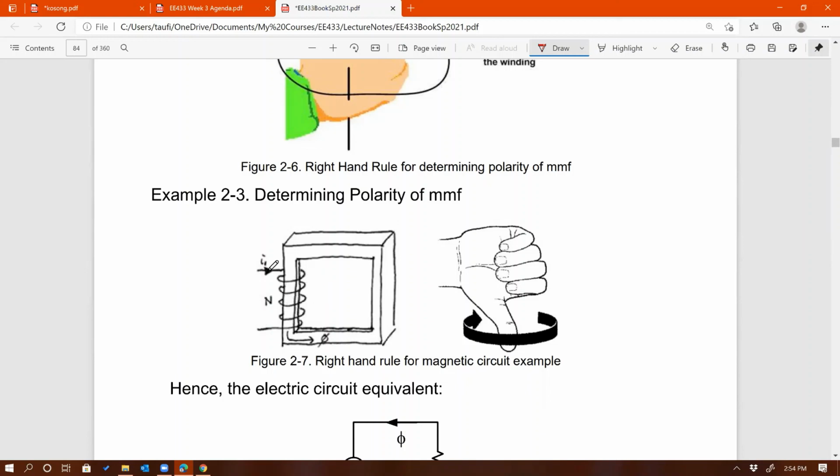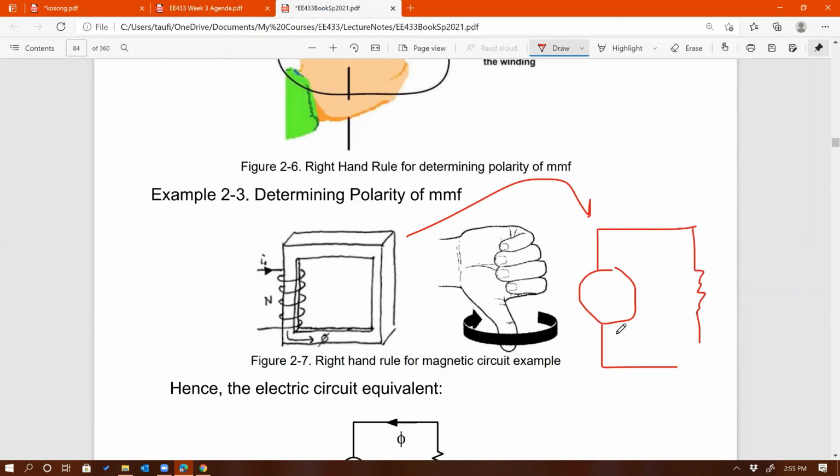By using the right-hand rule, I know that for this MMF, when you draw this into an electric circuit analogy, then this voltage source will have the positive side on the bottom side of the source, because you can see the thumb is pointing downward.